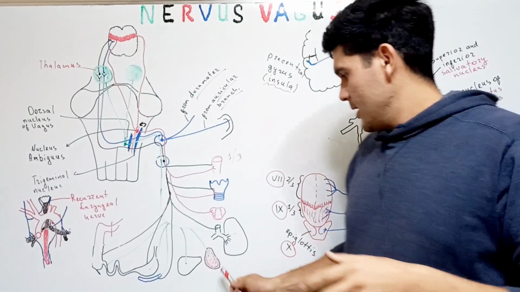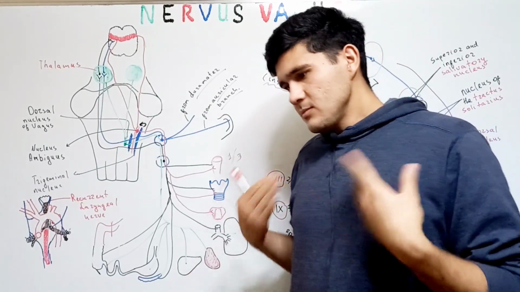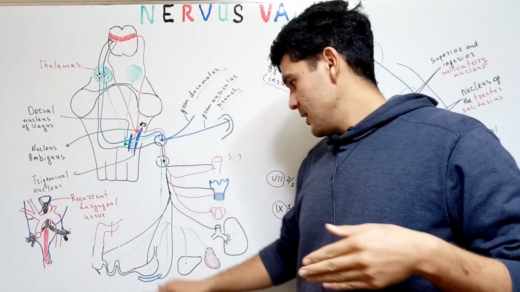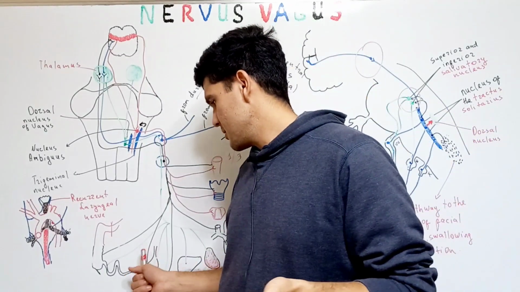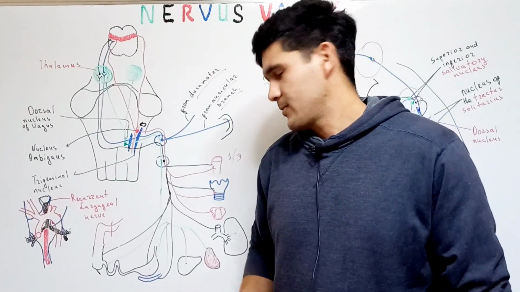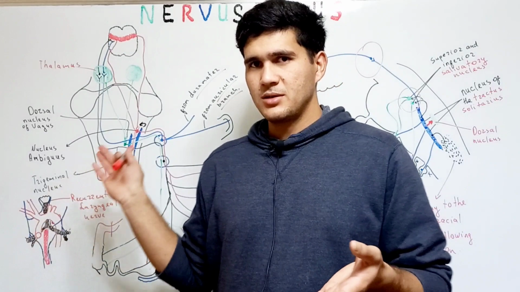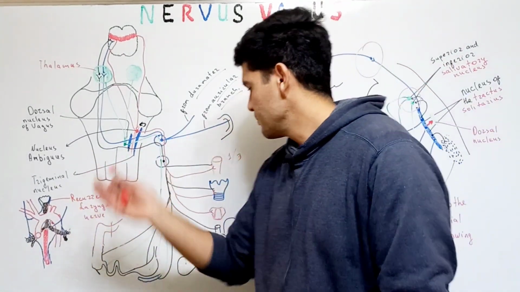The heartbeat will be slowed, the secretion of bile will be increased, the peristaltic motility of the gastrointestinal system will be increased, and the secretion from the pancreas will be increased. This way, the organism will be ready to digest the food that is consumed.